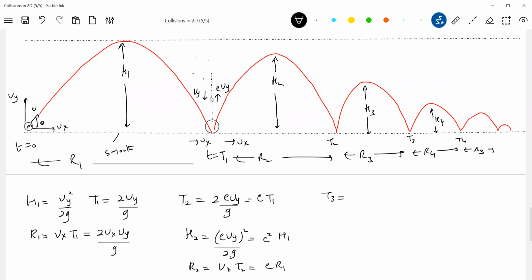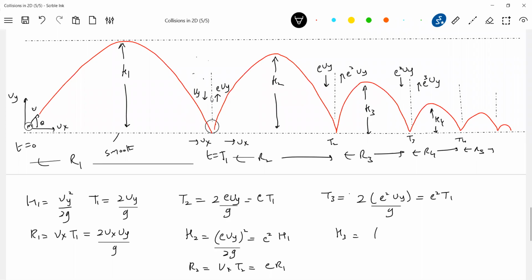T3: it will approach again with a speed eUy, it will rebound with e square Uy, and then it will rebound with e cube Uy. So T3 should be equal to 2 into e square Uy by g, so e square T1.